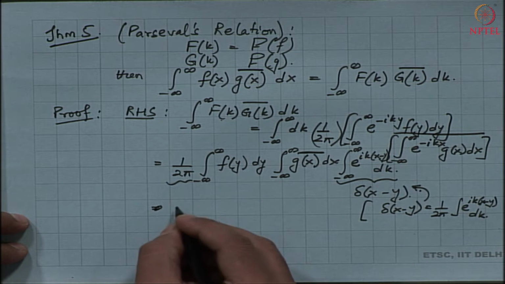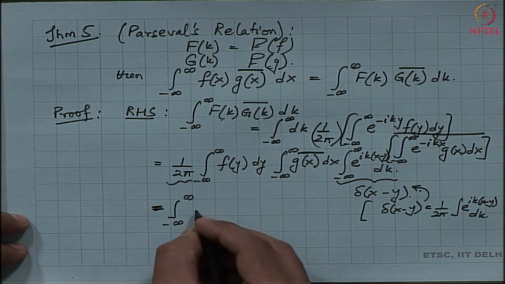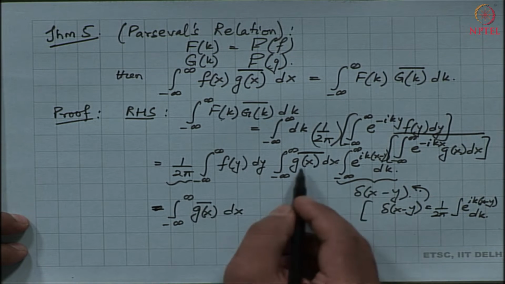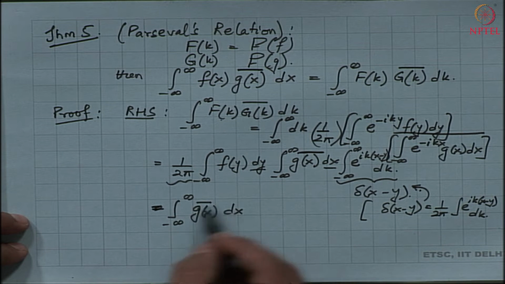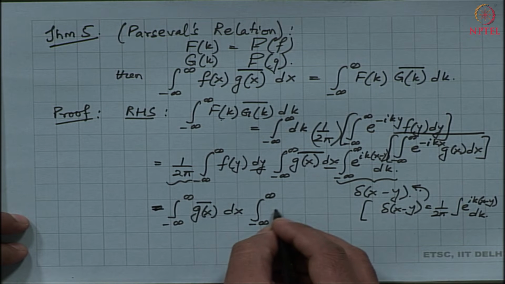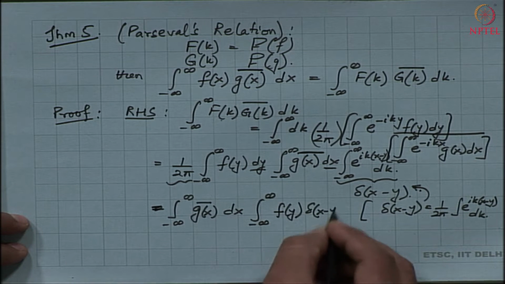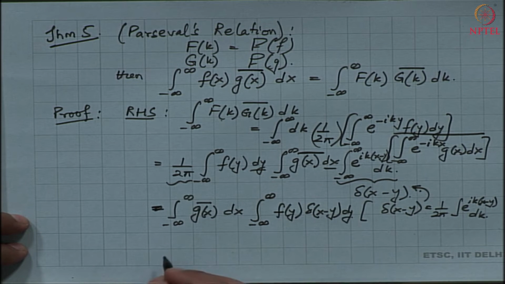So, then I get the following integral from minus infinity to infinity g bar x dx. I keep interchanging my variables of integration just to show you conveniently. Integral from negative infinity to infinity f of y delta x minus y dy, right, and then what I get is the following.